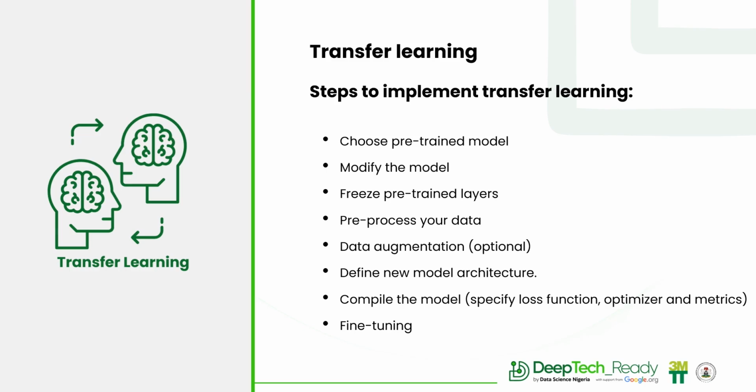All these things I'm going to demonstrate. So define your model architecture, that is, you need to script out how you want the model to be built. Then compile the model, that is, specify the loss function, optimizers, and metrics, then fine tune it, that is, train the model. So these are the steps involved in transfer learning.